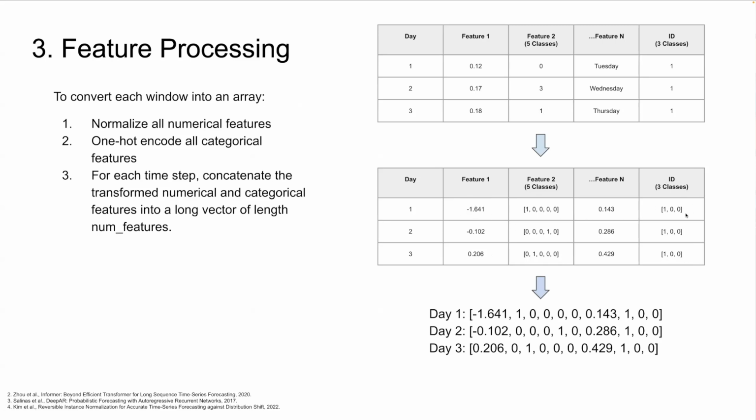We'll be concatenating the entire first row here. This will be the vector that we input into the neural network for day 1, and the second row will be the vector for day 2, etc. The shape of the window will be t plus tau, which is how many steps we want to predict into the future, as well as the number of features that we have.